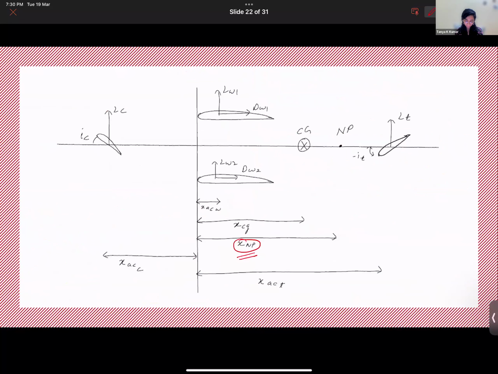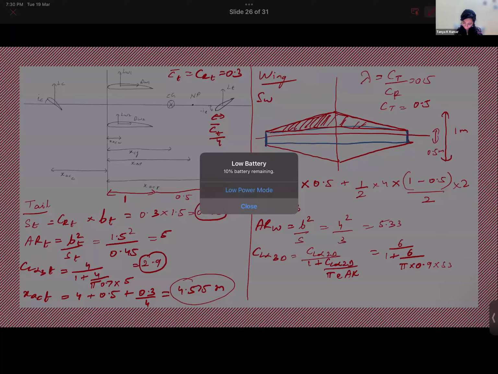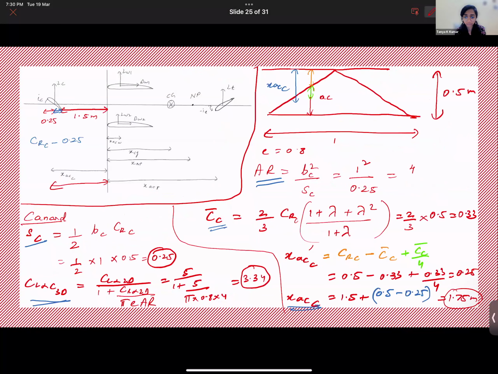Oh, 6. So 6 by 1 plus 6 by pi E, where E was 0.9. Aspect ratio is 5.33. Can you calculate this value? Let me just get the charger. Just calculate this value and let me know.